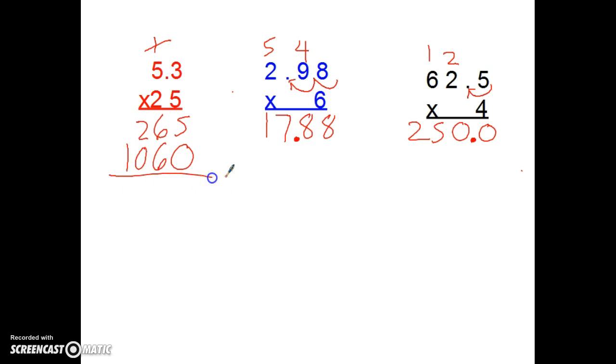Notice I have not done one thing with my decimal point yet. 5 plus 0, 6 plus 6 is 12. 1, 2, and 0 is 3, and 1 is just 1. Now, go to my problem, and I see I counted over one spot to that decimal, so I'm going to count over one spot to this decimal. My answer is 132.5, or 132 and 5/10.